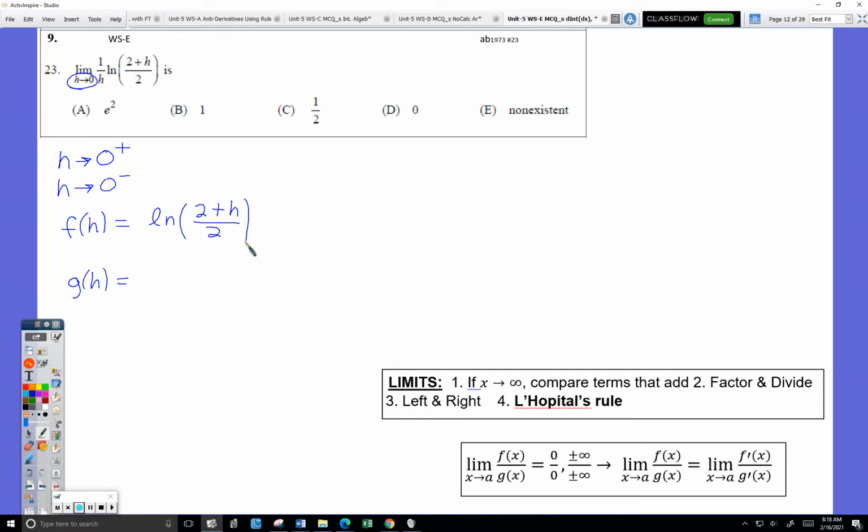H ln of 2. Can't really do that. What you have to think of is this as one thing, because you can't separate the stuff that's in the ln. And then that's all being multiplied by 1 over h. Multiplying by 1 over h is the same thing as dividing by h. Got it. How many saw it? 2.3 for Nelson. Question.